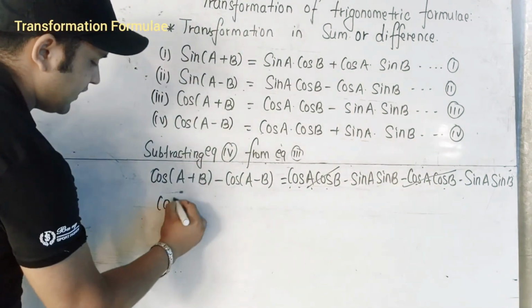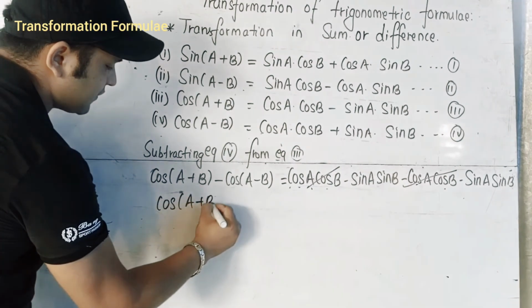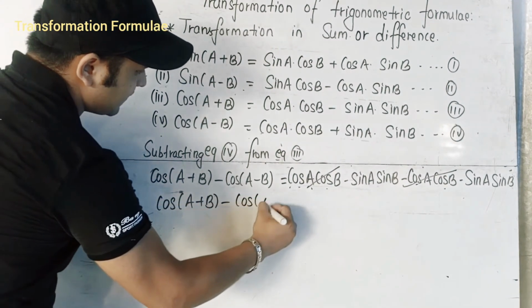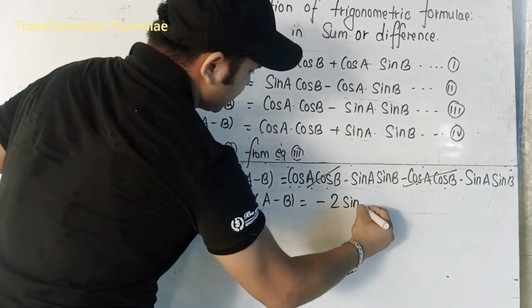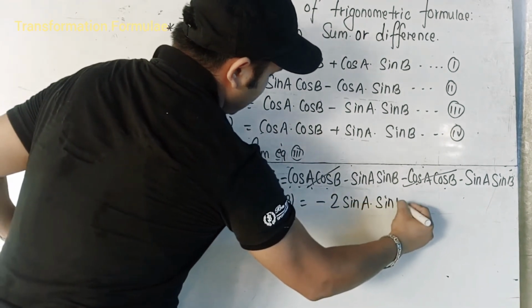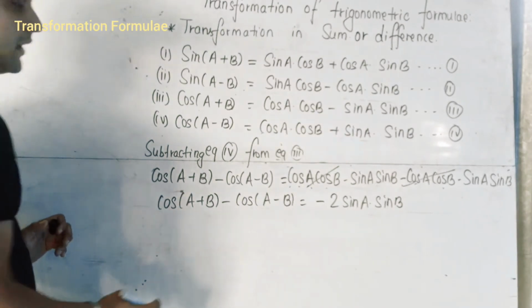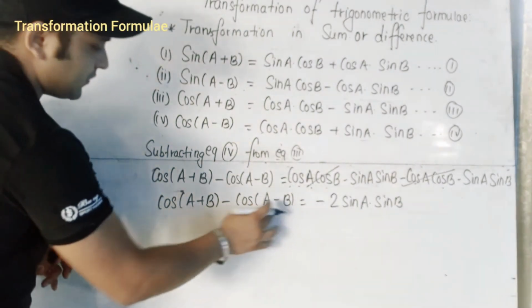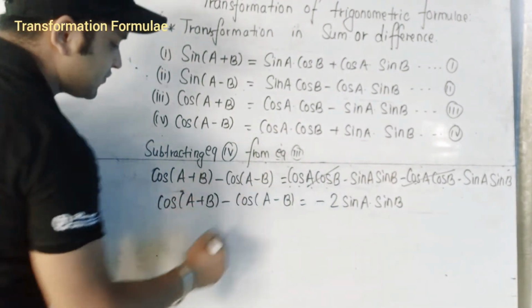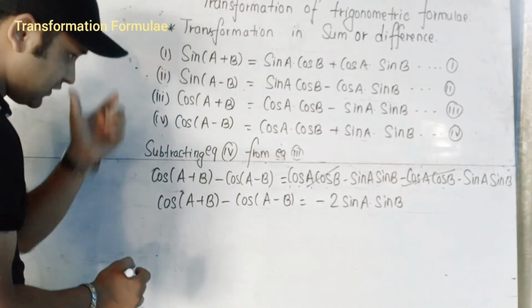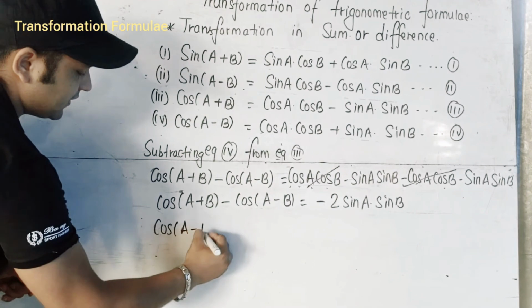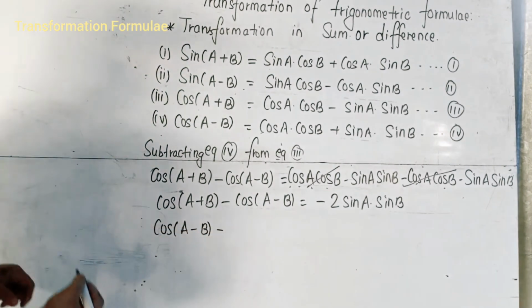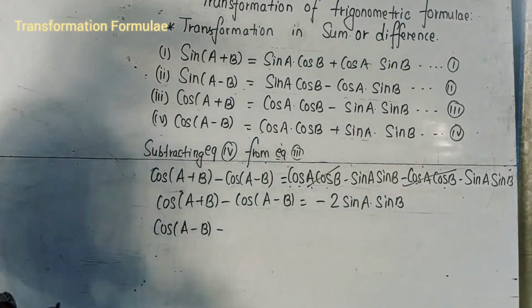So finally we get that cos(A+B) minus cos(A-B) is minus 2 sin A into sin B. Now to change this minus 2 sin A into sin B, we can simply interchange their position. This minus 2 sin A into sin B changes into plus 2 sin A into sin B. This happens because we multiplied both sides by minus.